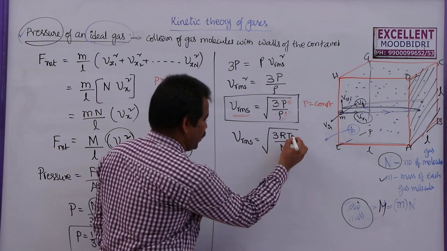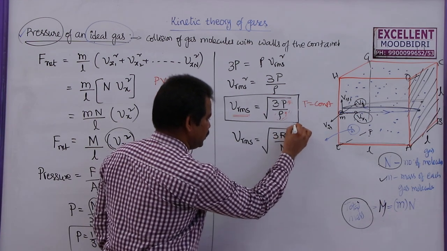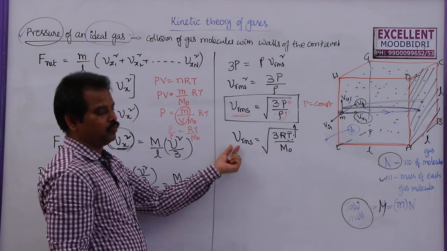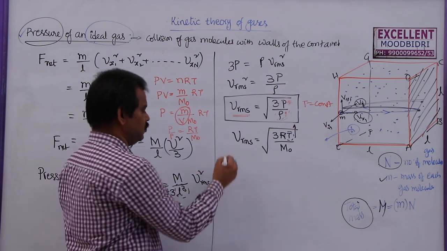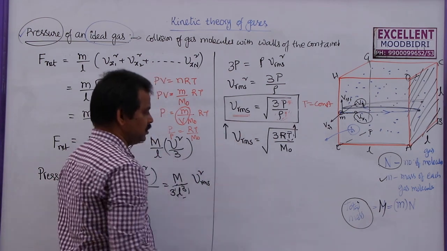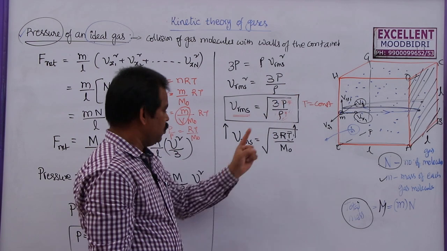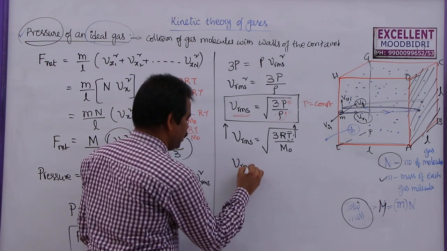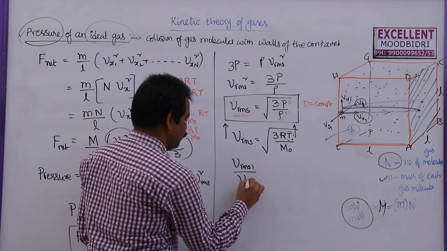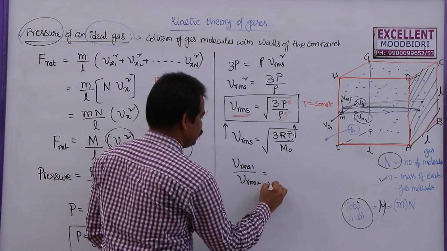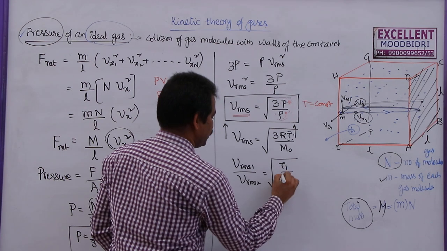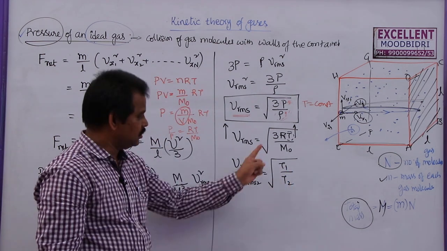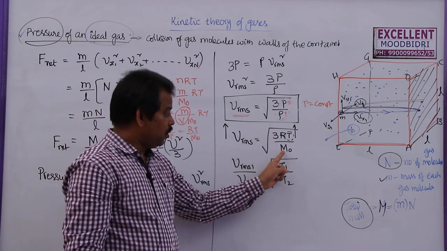So generally, whenever temperature increases, what happens to the root mean square velocity of the gas molecules? Always increases. If temperature is doubled, what happens to VRMS? So one problem: VRMS 1 by VRMS 2 is equal to root over T1 by T2. Why? Because 3 is a constant.